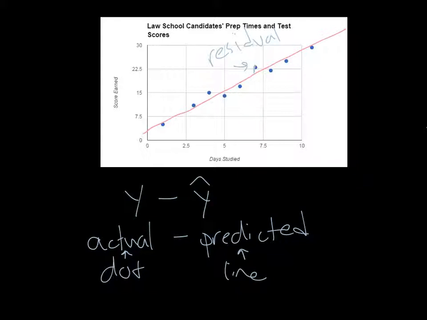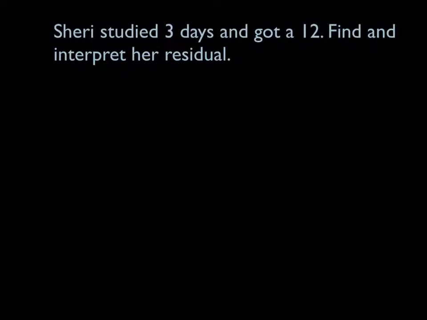So let's see this in an example. Sherry studied 3 days, and she got a 12 on this test. We're going to find and interpret her residual. So the first thing you need to do, if you remember the formula I just wrote, is y minus y hat. We already know what she actually got. She studied 3 days, and she actually got a 12 on her test.